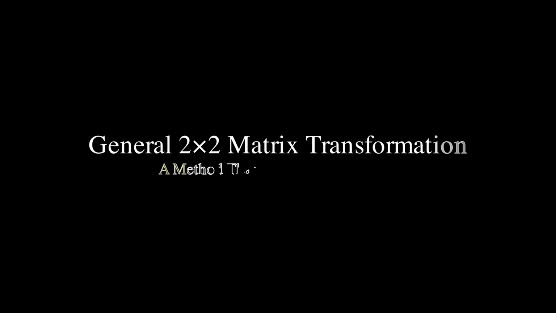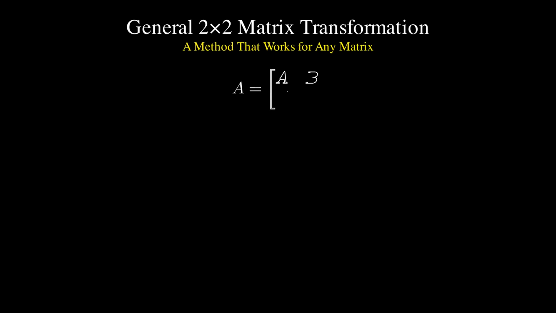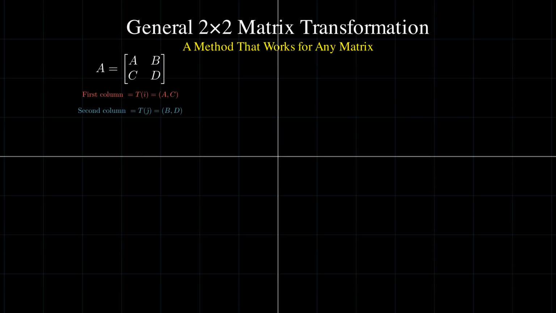Now let's step back and look at the most general case. For any 2 by 2 matrix, not just our specific example, the same story holds. The matrix describes where the basis vectors go. The first column tells us where i hat lands, and the second column tells us where j hat lands.